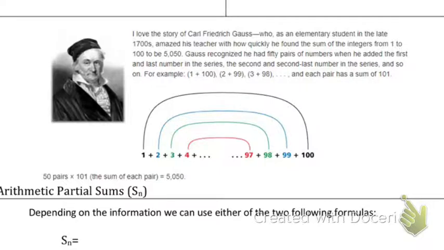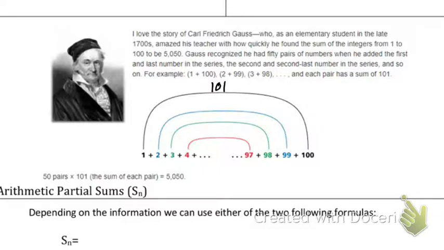Well, Gauss is credited with coming up with this idea that if I need to add the numbers 1 through 100, it's a waste of time going 1 plus 2 is 3, 3 plus 3 is 6, because what he noticed is there's a pattern when you match up all of the pairs. So if you take 1 and you add it to 100, you get 101.